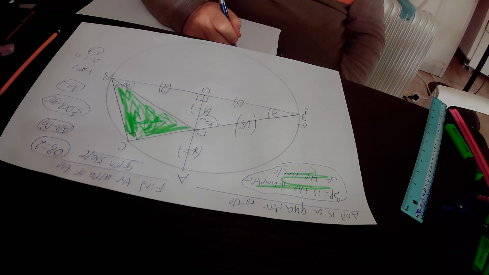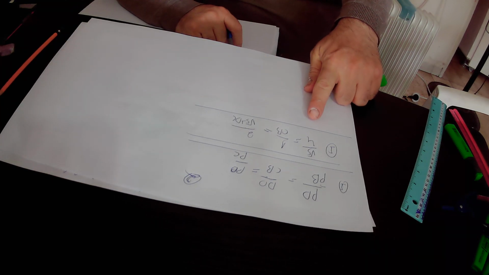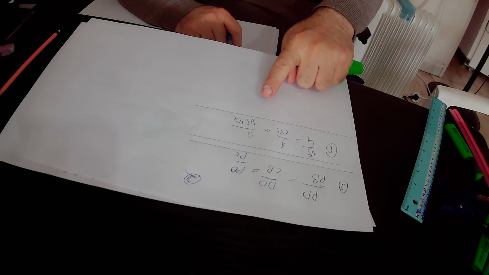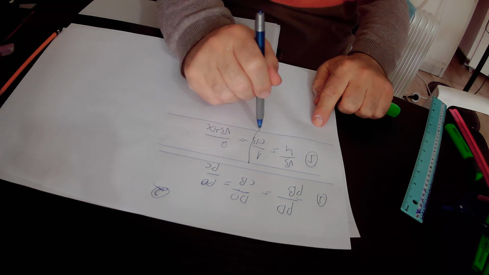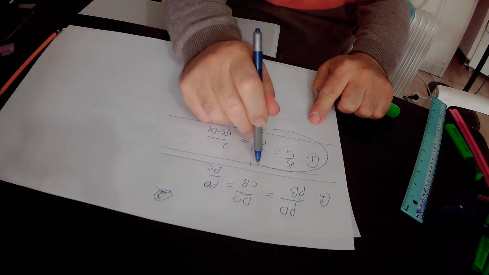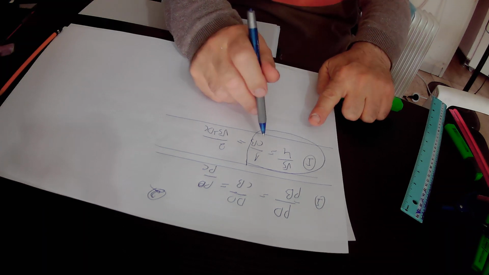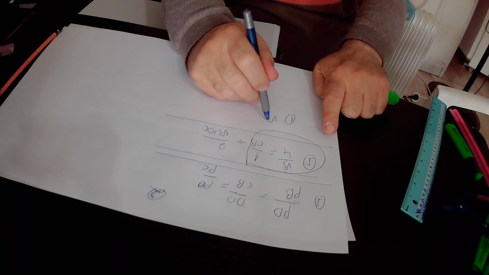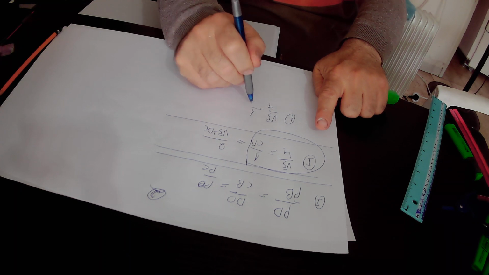So in conclusion, according to equation 1, square root of 5 over 4 equals 1 over CB equals 2 over square root of 5 plus DC. Those two expressions are equal to each other, therefore we get equation 1 from those two expressions that are equal to each other. So according to equation 1, we get that square root of 5 over 4 equals 1 over CB.